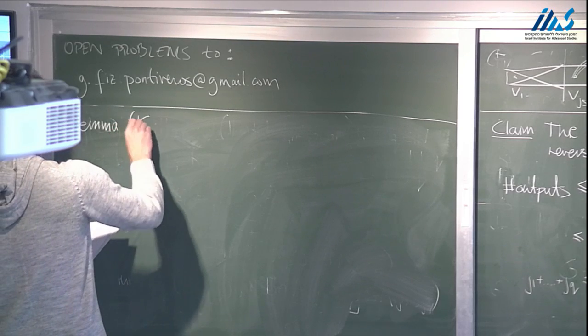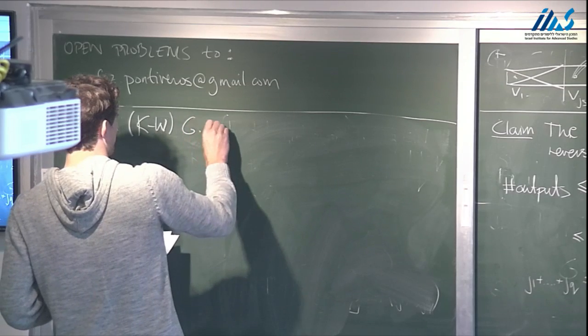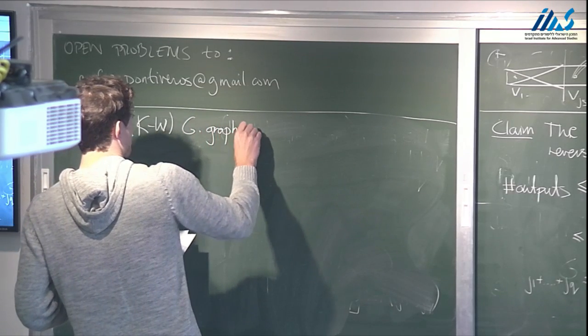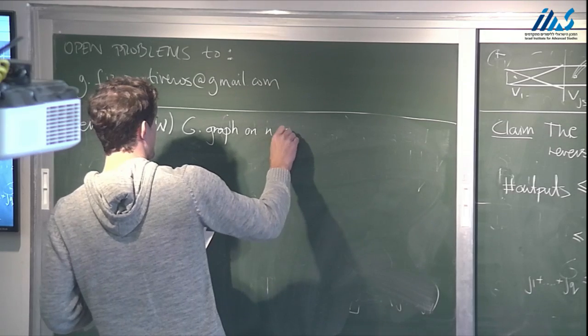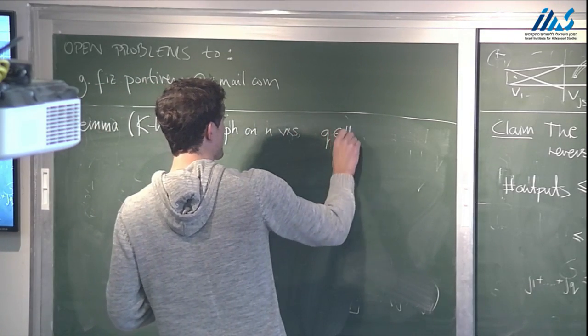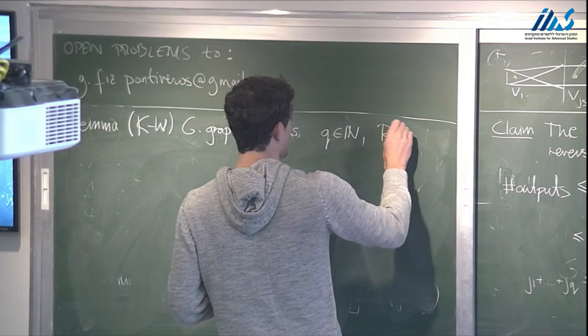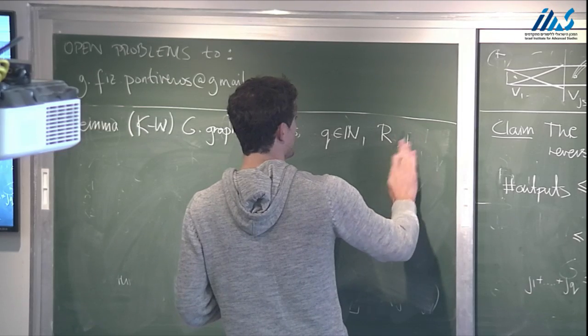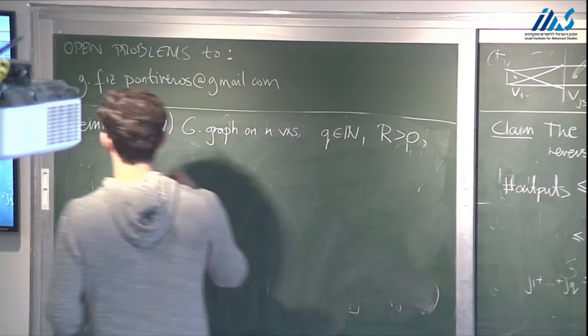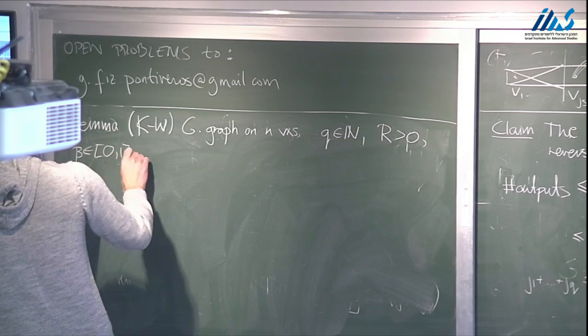This is essentially due to Kleitman and Winston. So G is a graph on n vertices. We have an integer q, a real number r, and a beta between 0 and 1.